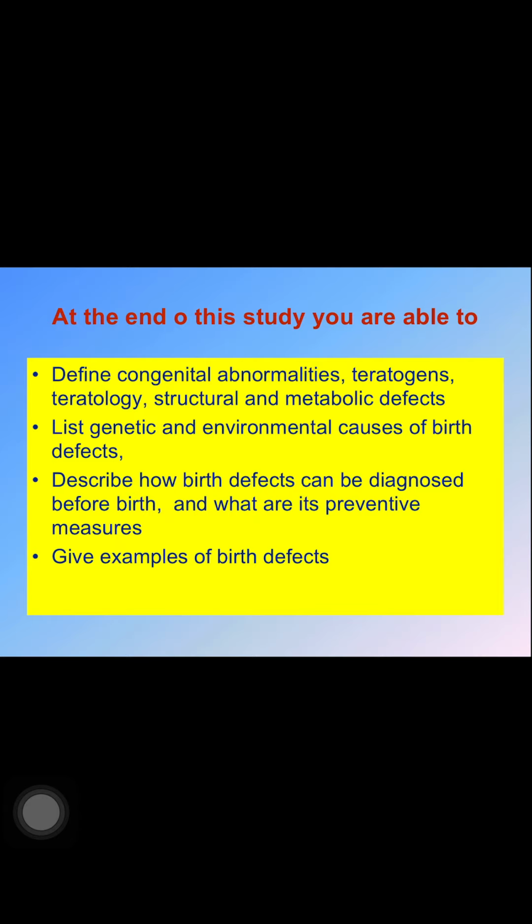You can list genetic and environmental factors causing birth defects. You can describe how birth defects can be diagnosed before birth and what are its preventive measures. You can also give examples of a few birth defects.